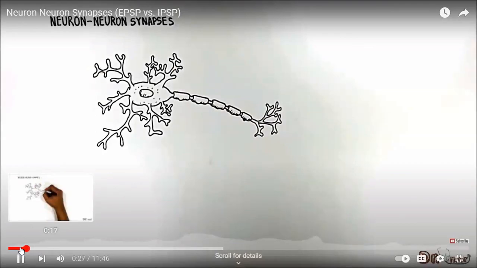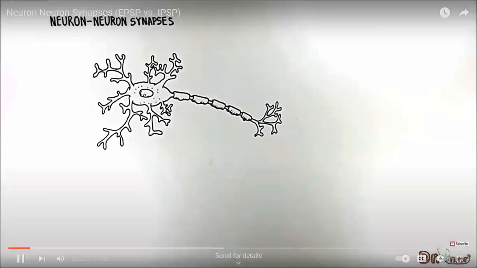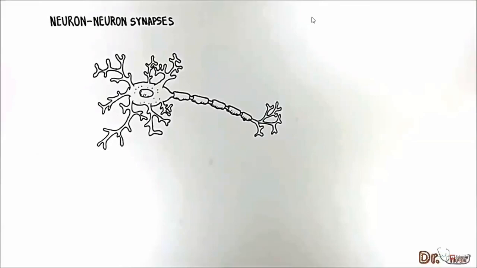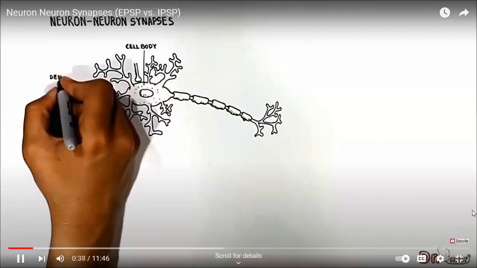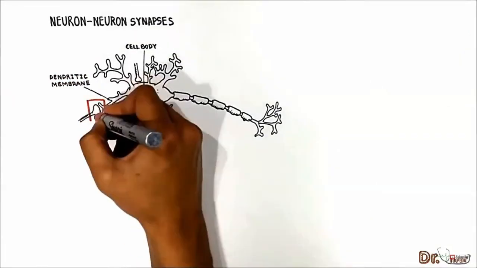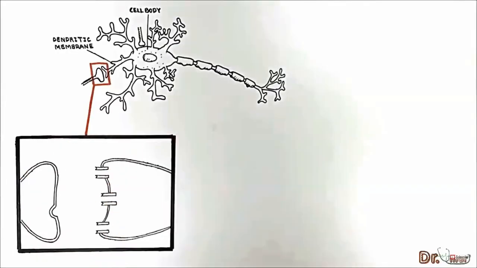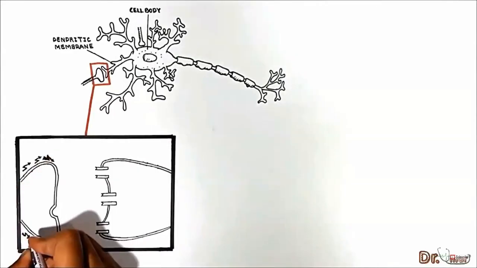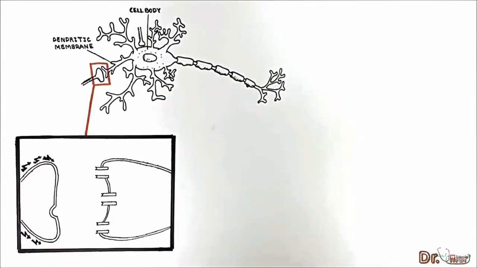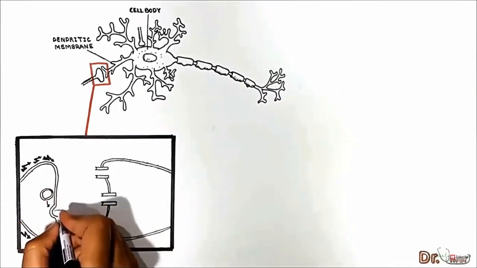takes input from several neurons, creating several synaptic regions. It is very important to know that synaptic connections are mainly on a cell body or in a dendritic membranes, the places where we see ligand-gated channels. We will see how an action potential transmits from one neuron to another. First, let me zoom here a single dendritic synaptic point. The action potential comes and depolarizes the presynaptic membrane. The vesicles release their content into the synaptic cleft.